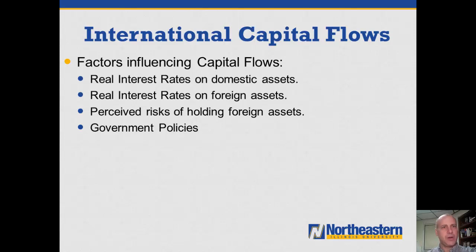The U.S. dollar and treasury bonds are perceived as a very low-risk asset relative to lots of other investment opportunities around the world. And so one of the assets that's in very high demand oftentimes, especially through the global recession, was U.S. treasury bonds. These were perceived as a safe asset when the global economy was going through difficulties in the financial crisis.